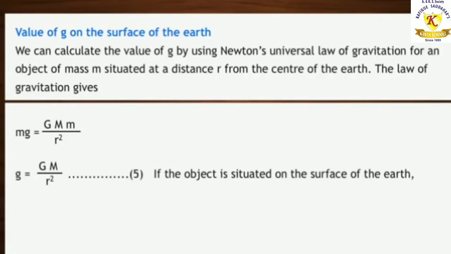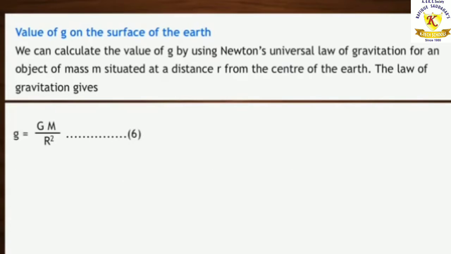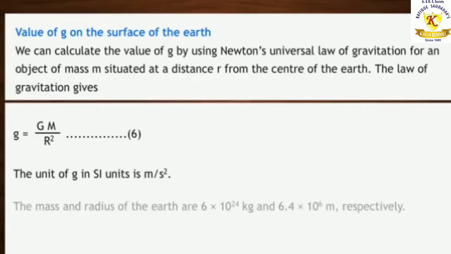If the object is situated on the surface of the Earth, r, that is capital R, is the radius of the Earth. Thus, the value of g on the surface of the Earth is g is equal to GM upon R square. The unit of g in SI unit is meter per second square.